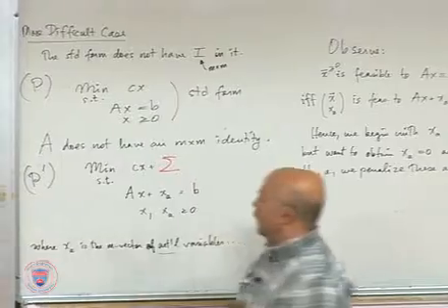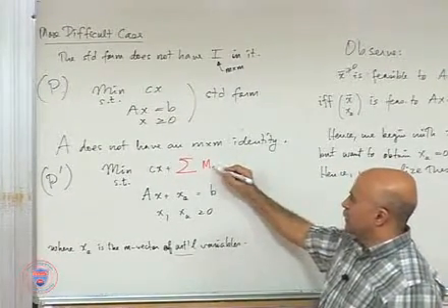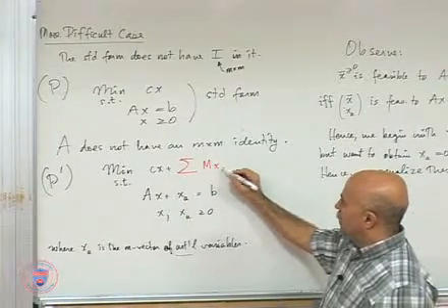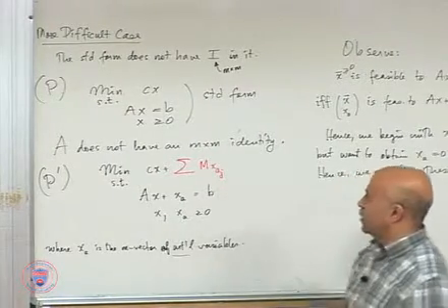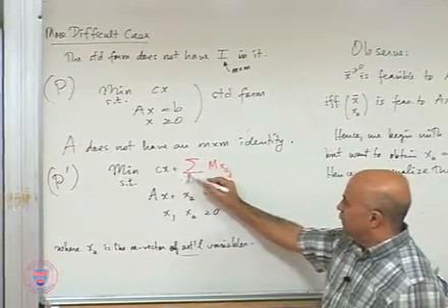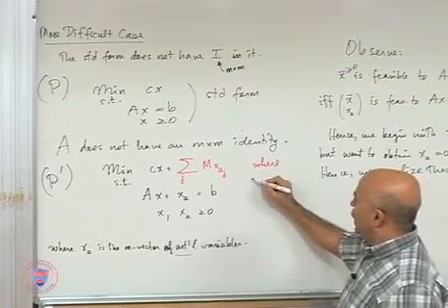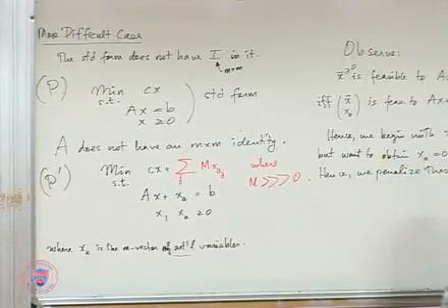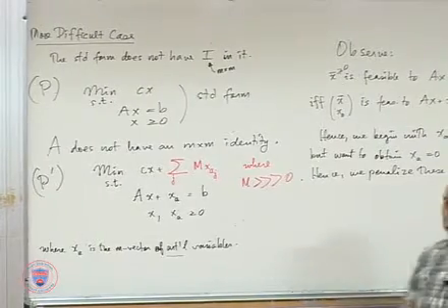the following. You add a positive number M, a very large number M, times the artificial variables, say, let's call them x sub a sub j, where M is a very large positive number, as large as your computer can take, for example.